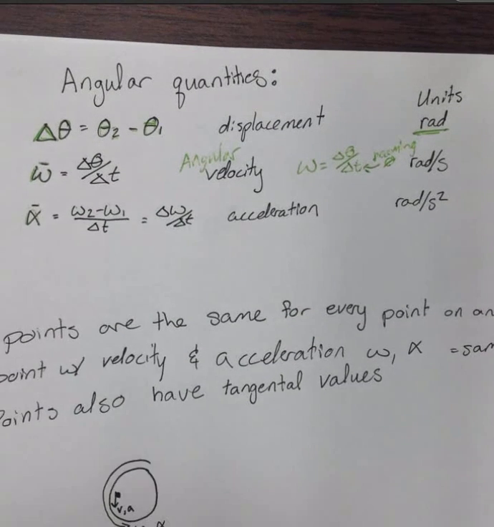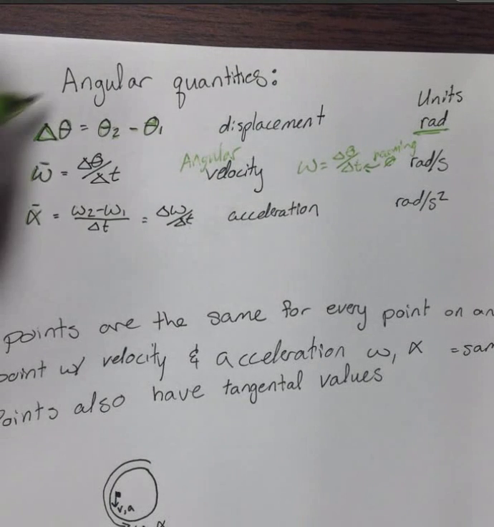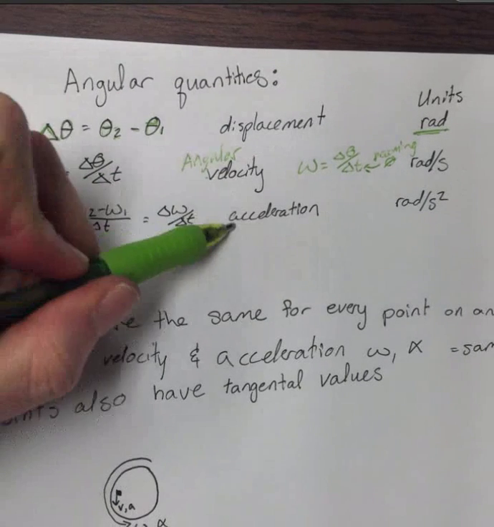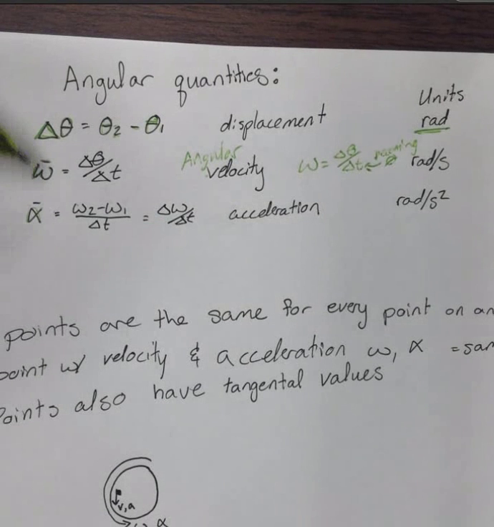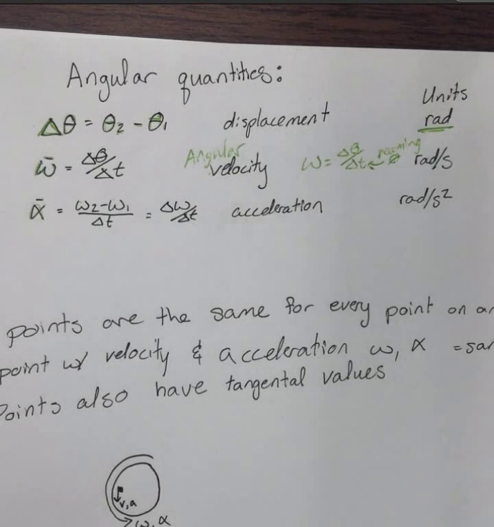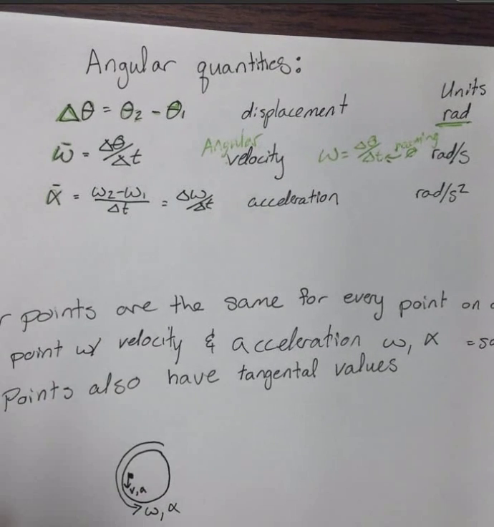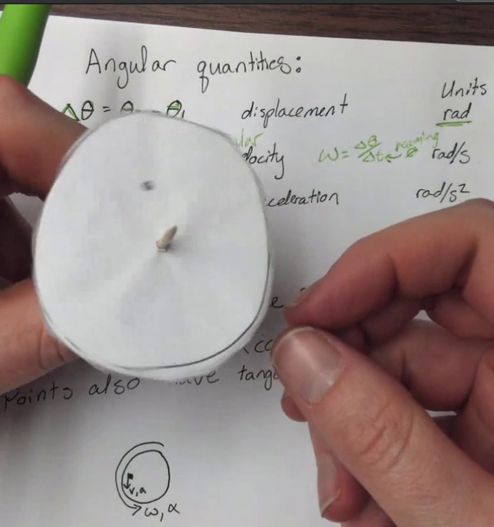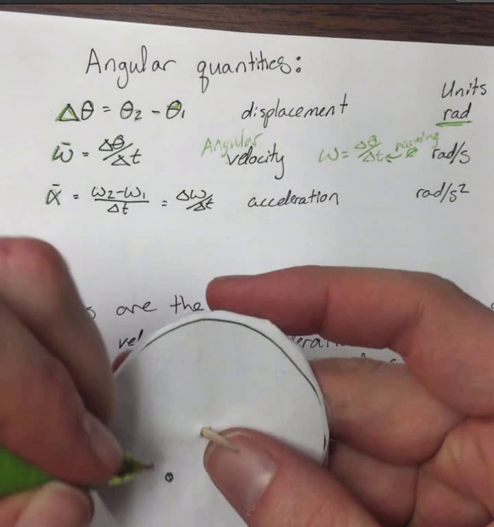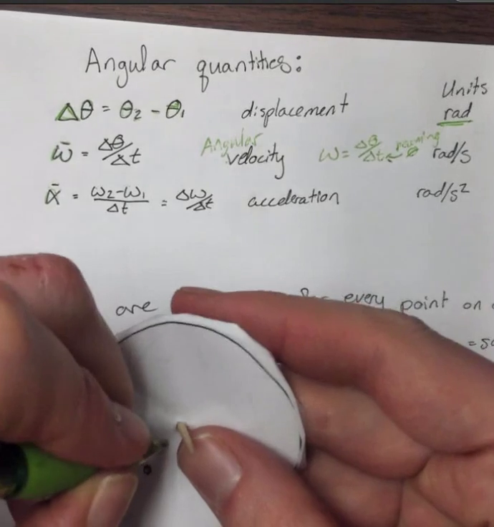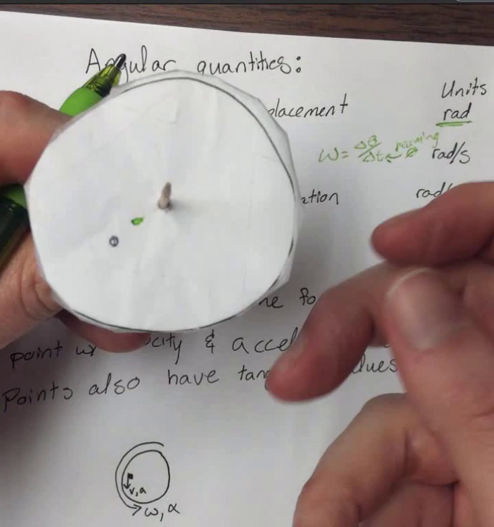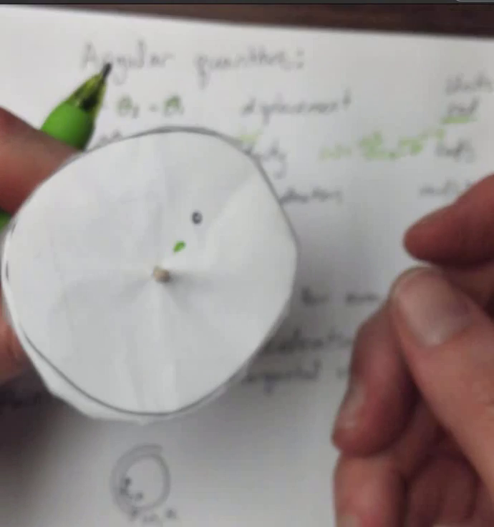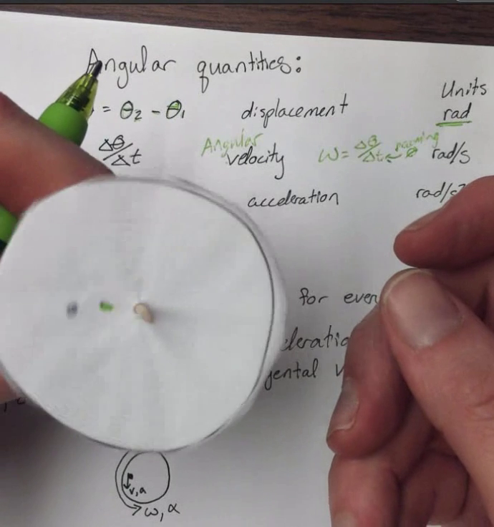So now that we've established that these are our angular quantities, angular displacement, angular velocity, angular acceleration, delta theta, omega, alpha, here's a neat thing. If you've got an object and it's rotating, no matter what point you're looking at, whether the green point or the black point, they're both covering the same theta in the same amount of time.